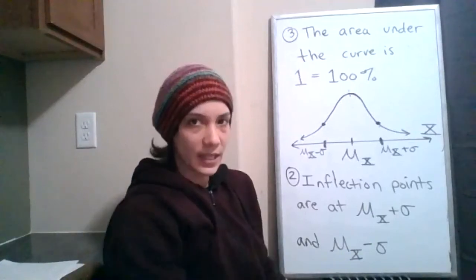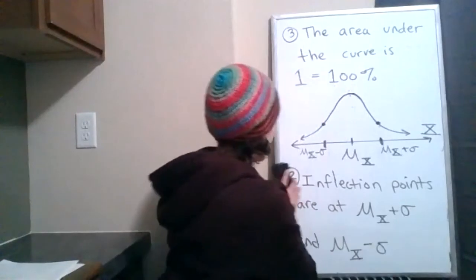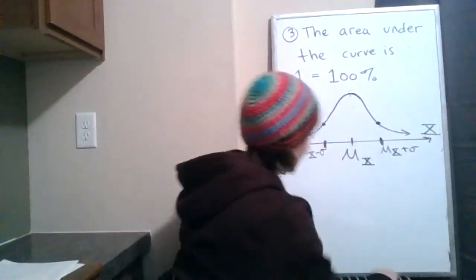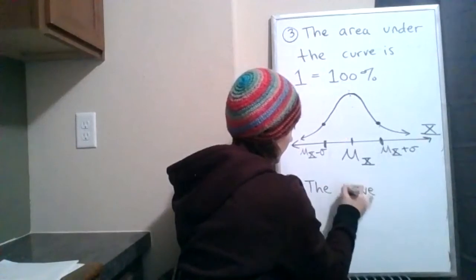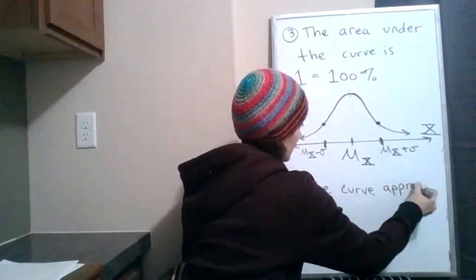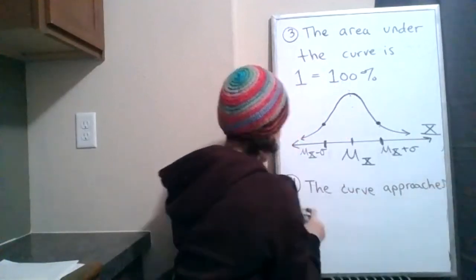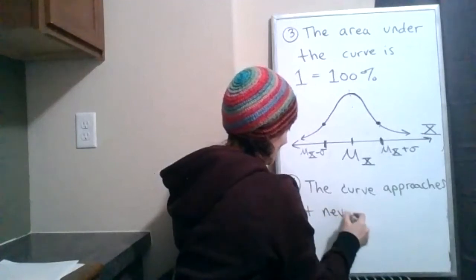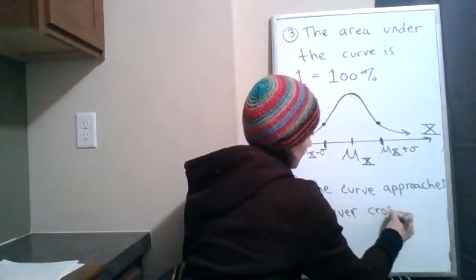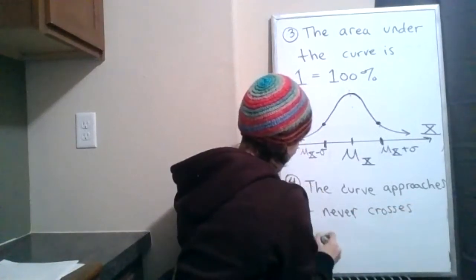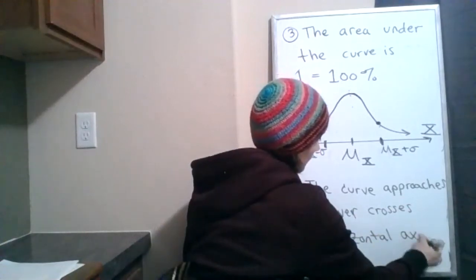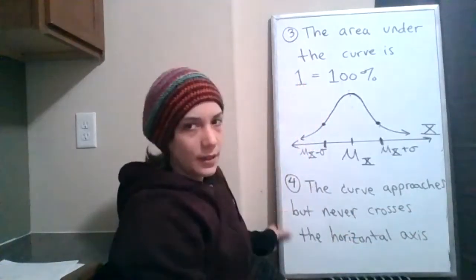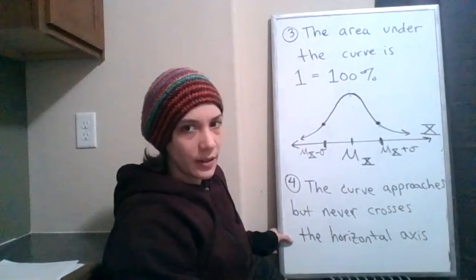Number 4, the curve approaches but never crosses the horizontal axis. That's where we're going to end our list of properties.